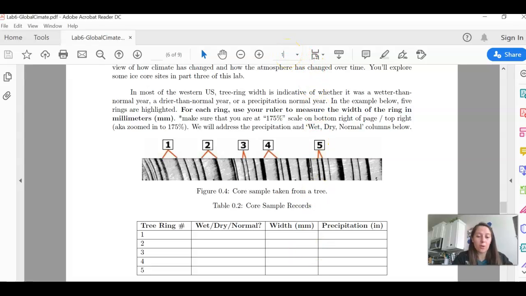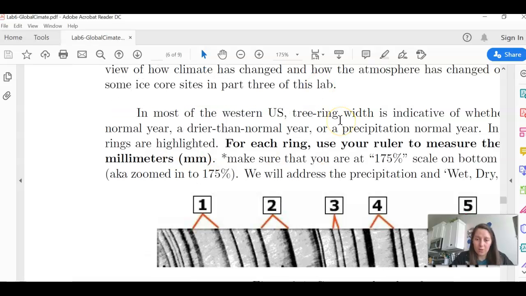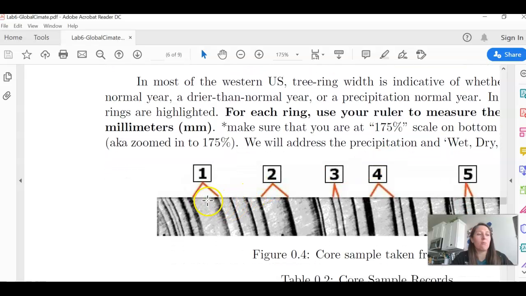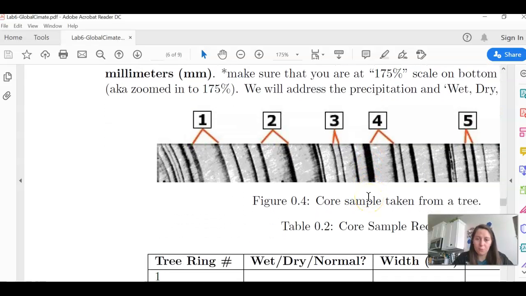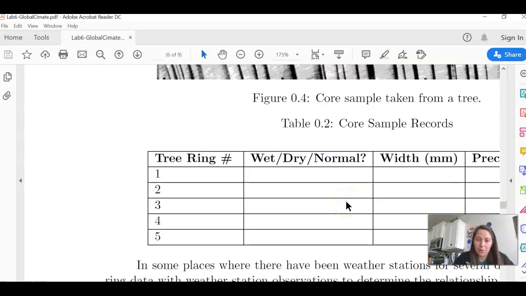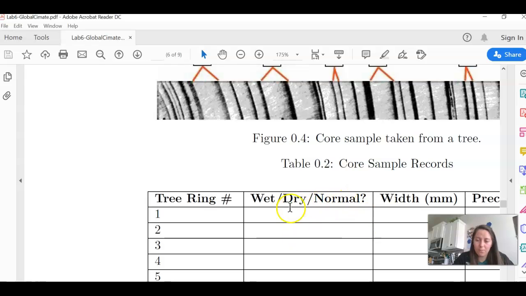So you want to do that yourself if you're going to do this lab right. This is the scale at which you have to be in order to record the widths of each of these rings. Okay, so first you record the widths of each of these highlighted rings onto the table below. So don't worry about writing whether it's wet, dry, or normal yet.